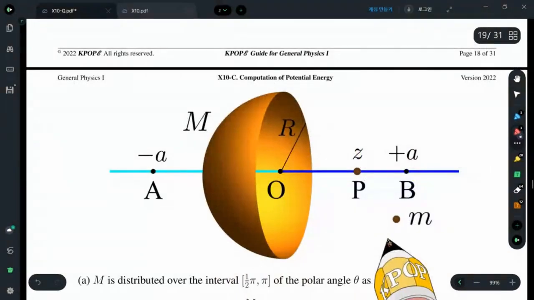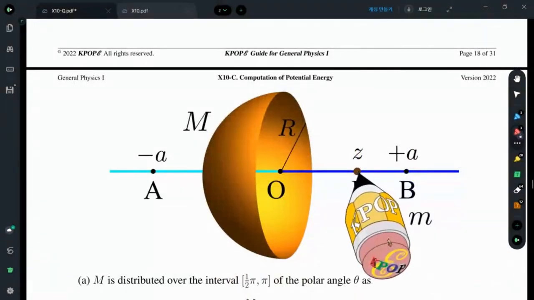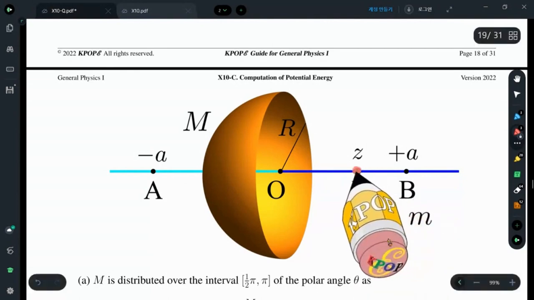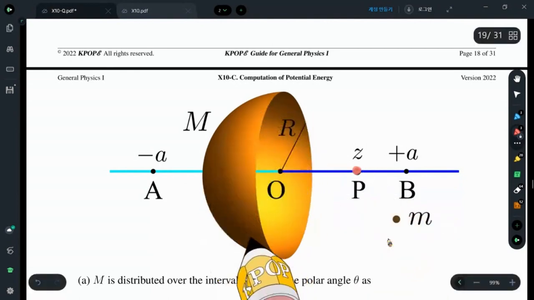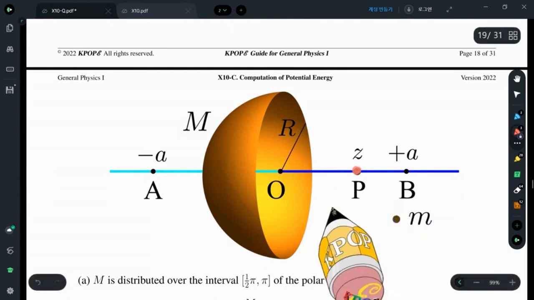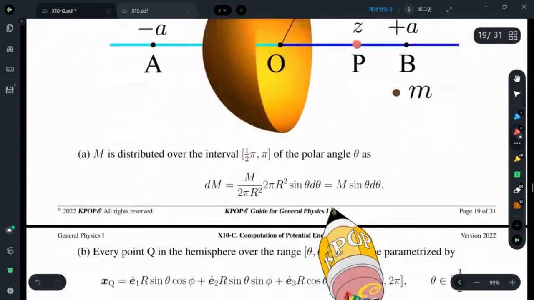What I would like to do is to compute the potential energy between the two: this point mass M and capital M distributed uniformly over this sphere, the hemisphere. Now we have to do some integral. Let's see.